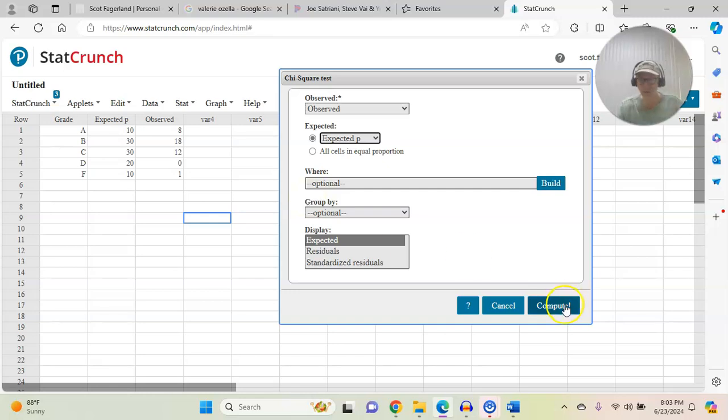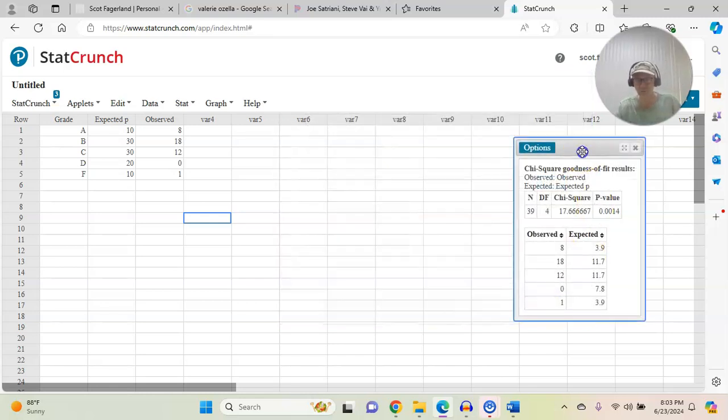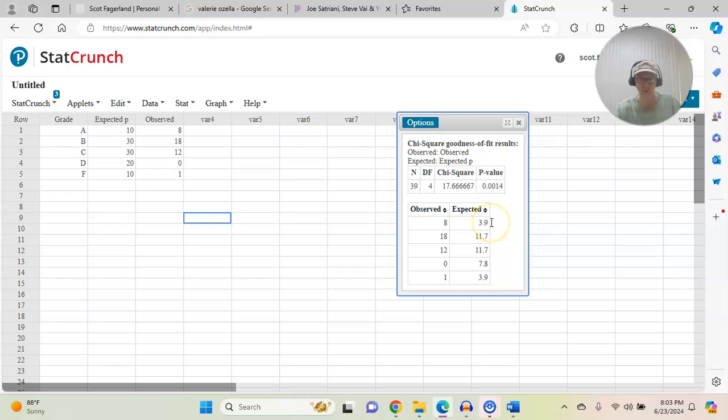Okay, and then we can click Compute, and we get a pretty nice compact display here. What we see is the chi-squared value and its p-value, and then the expected distribution that we would get if we were really following this ideal pattern.